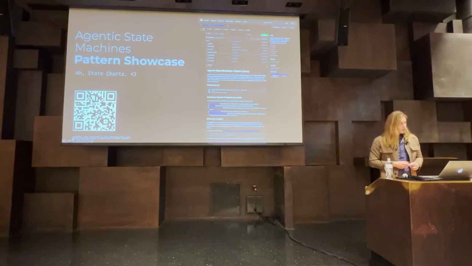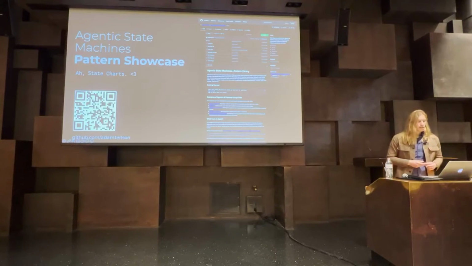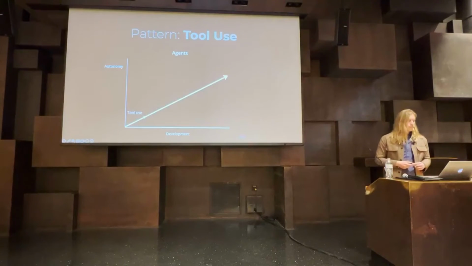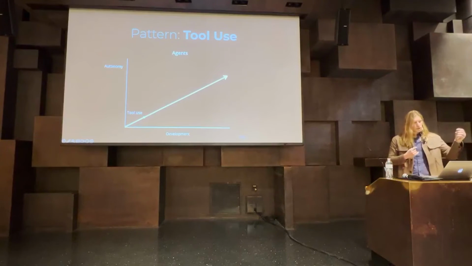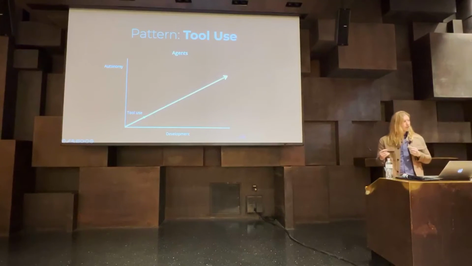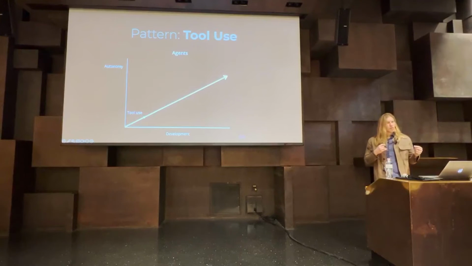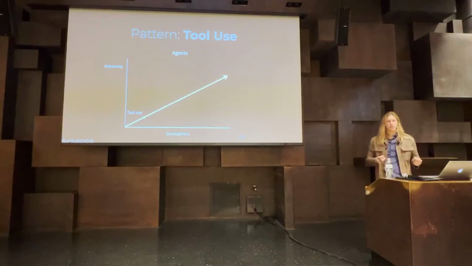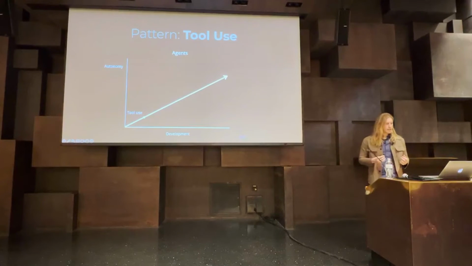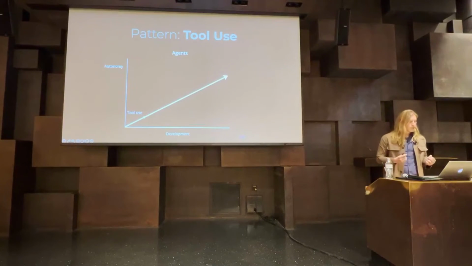So, our showcase begins, just like the human race, with tool use. And I'm showing here a graph charting autonomy versus development. The challenge when building agents or talking about agents is that they're all different. They all have different capabilities. They all have different strengths.